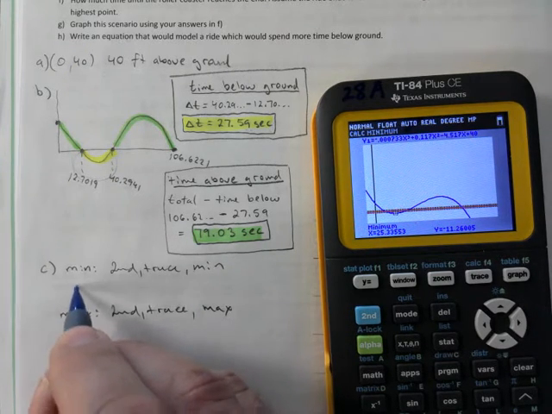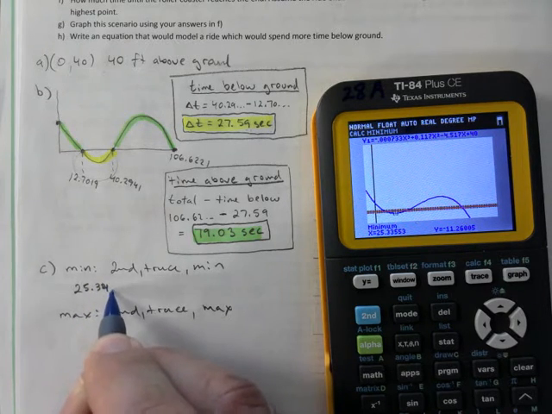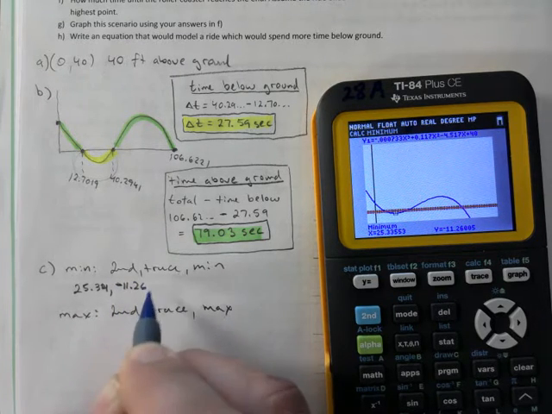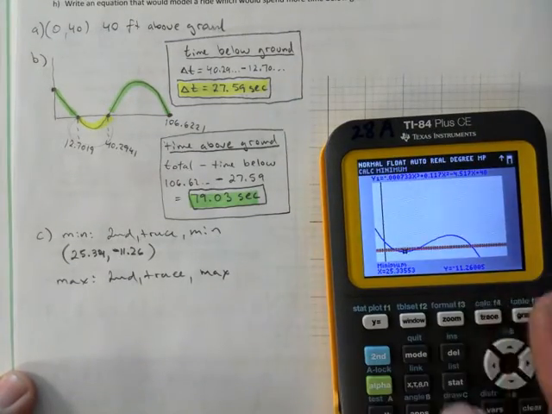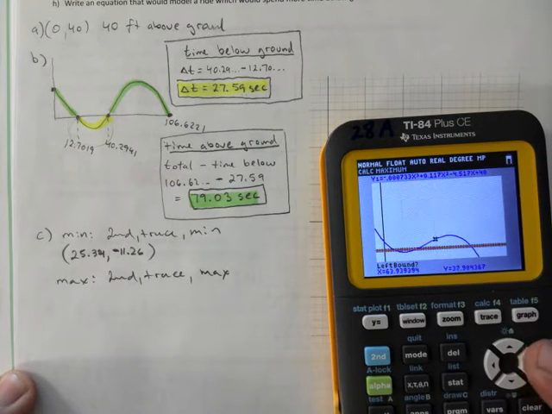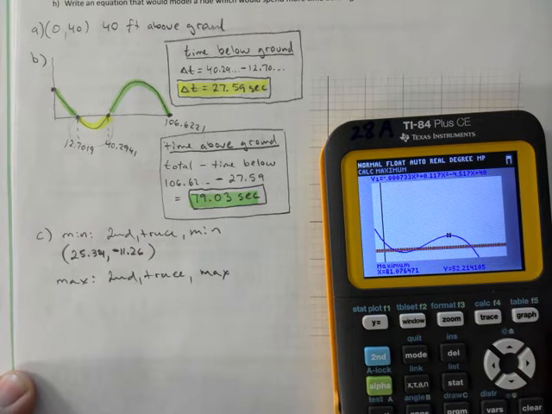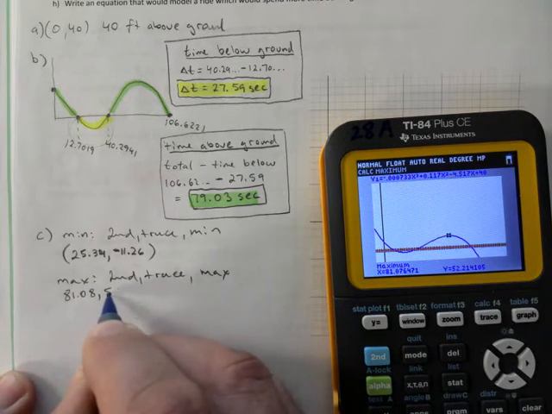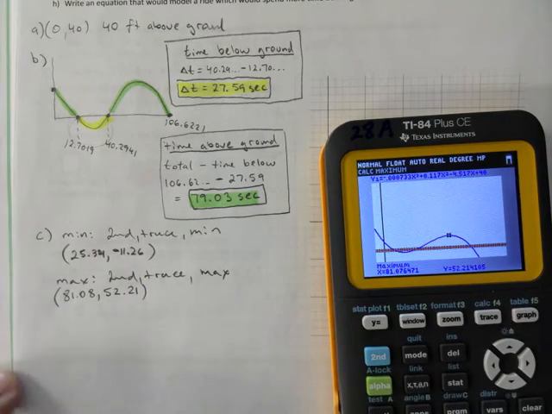And my min is 25.34, and it's negative 11.26. I'm going to write that point down and answer in a bit. Let me just go and find the max right away. Go to the left of it, then go to the right of it. And that is 81.08 seconds, you're going to reach the maximum height above of 52.21.